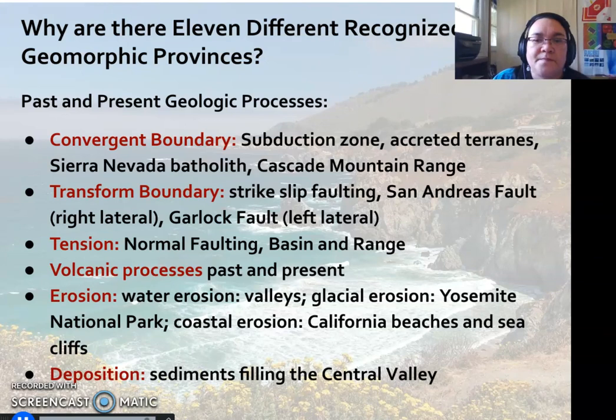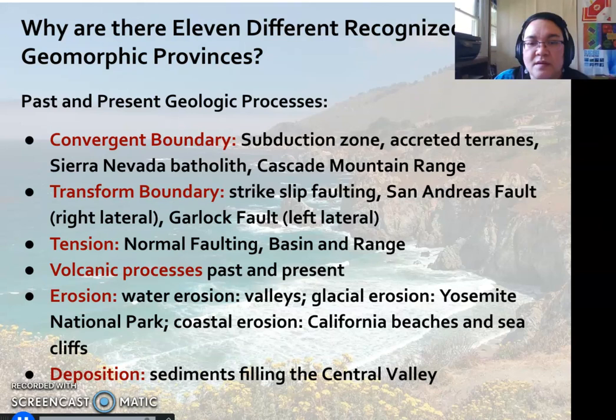The Garlock Fault has formed a left lateral strike-slip fault. There's tension caused by normal faulting, which causes the Basin and Range, and then volcanic processes past and present that are either due to plate boundaries or they're in places where there is no plate boundary, like the Modoc Plateau.